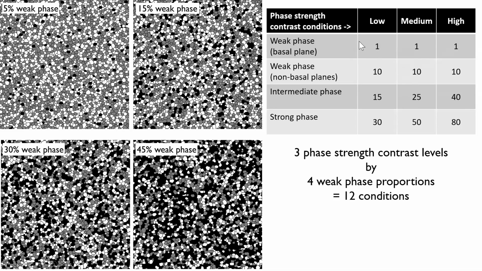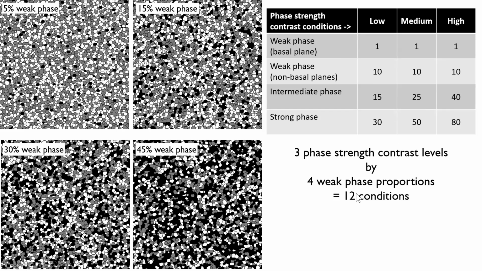Because micas have anisotropy, and that's a really important feature of how they deform, we wanted to make a weak basal plane in the weak phase. So the basal plane was 1/10 the strength of the non-basal planes in mica. And then the strong phase was just double the strength of the intermediate strength phase. So those are the 3 phase strength contrast levels.